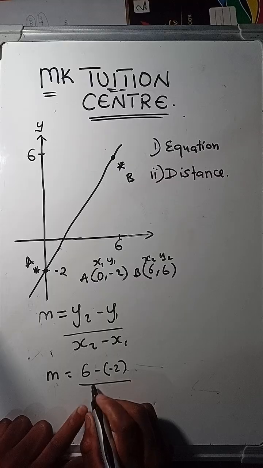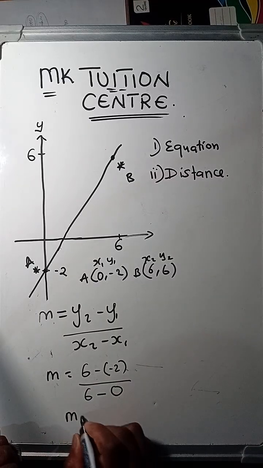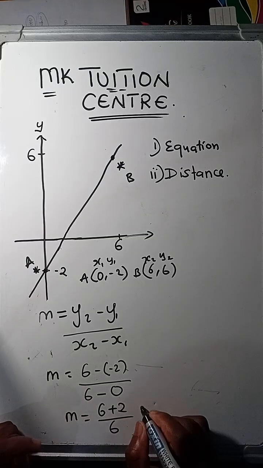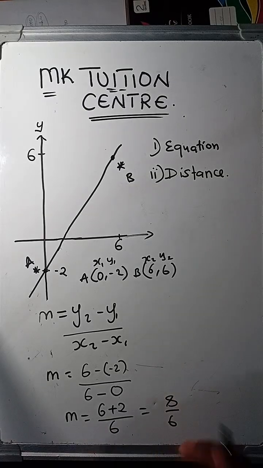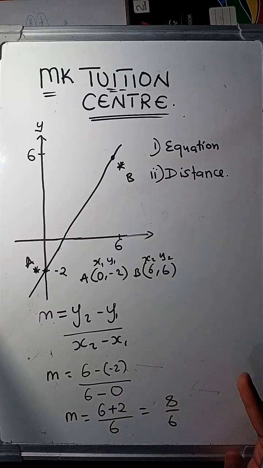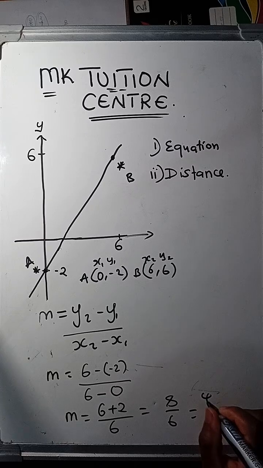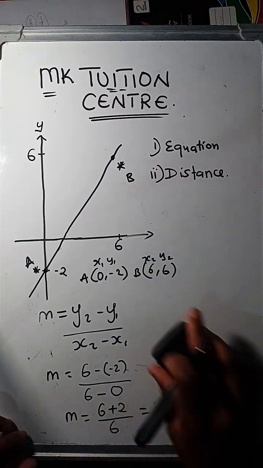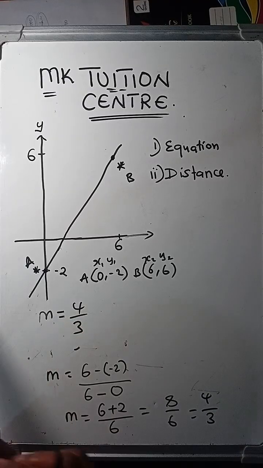Then x2 is 6 minus x1, which is 0, and m will be 6 plus 2 over 6, which is 8 over 6, and this fraction can be further simplified by 2. So 8 divided by 2 is 4, 6 divided by 2 is 3. So we're going to have our gradient as 4 over 3. The gradient is 4 over 3.